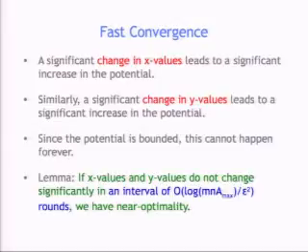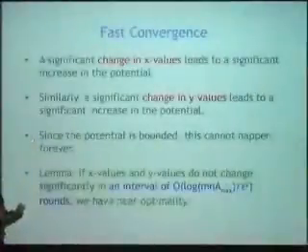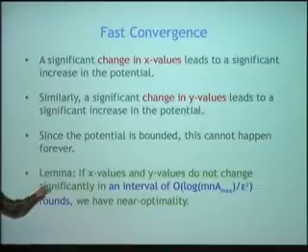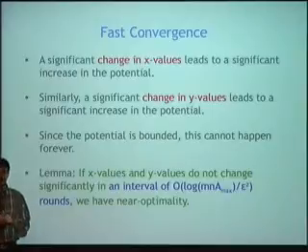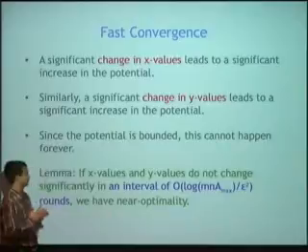And then we show this important lemma that says that if x and y values do not change significantly in an interval of appropriate length, then we have near optimality. Epsilon is the error parameter, so we are achieving a 1 plus epsilon approximation.